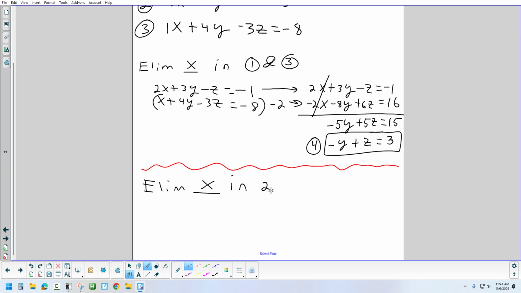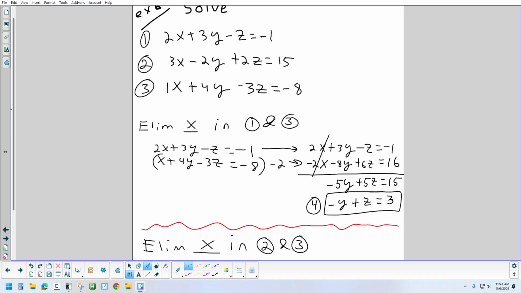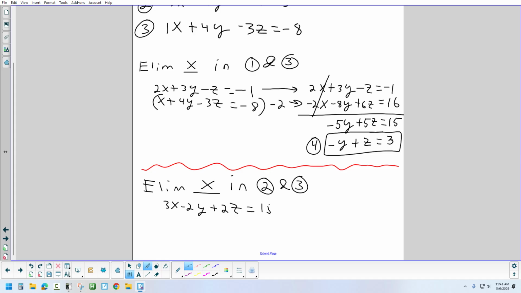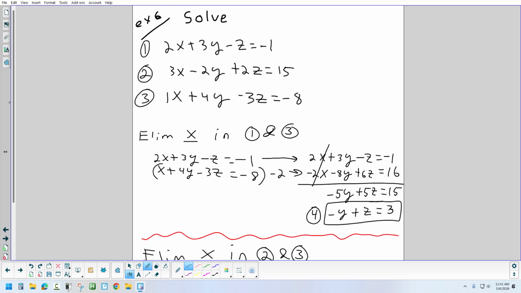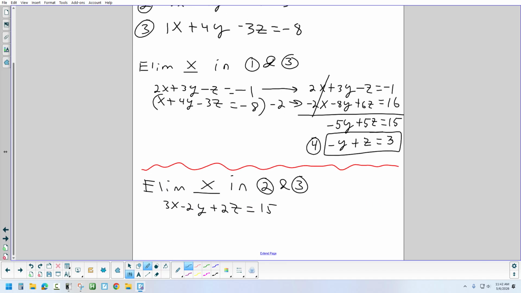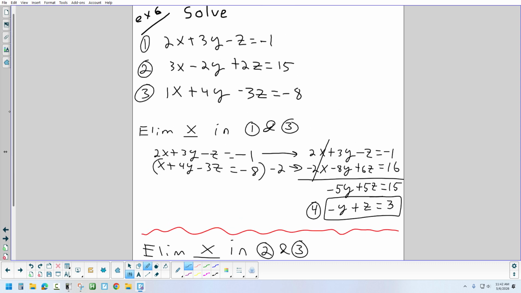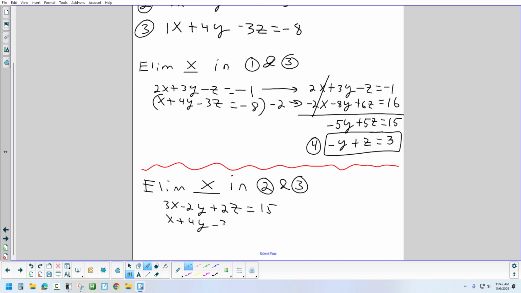Okay, let me copy them down. 3x minus 2y plus 2z equals 15. And 3 is x plus 4y minus 3z equals -8.